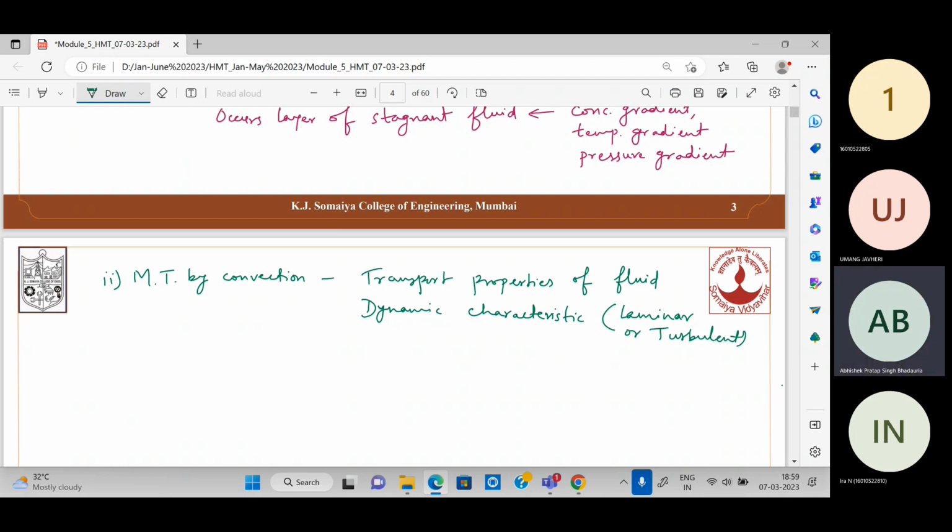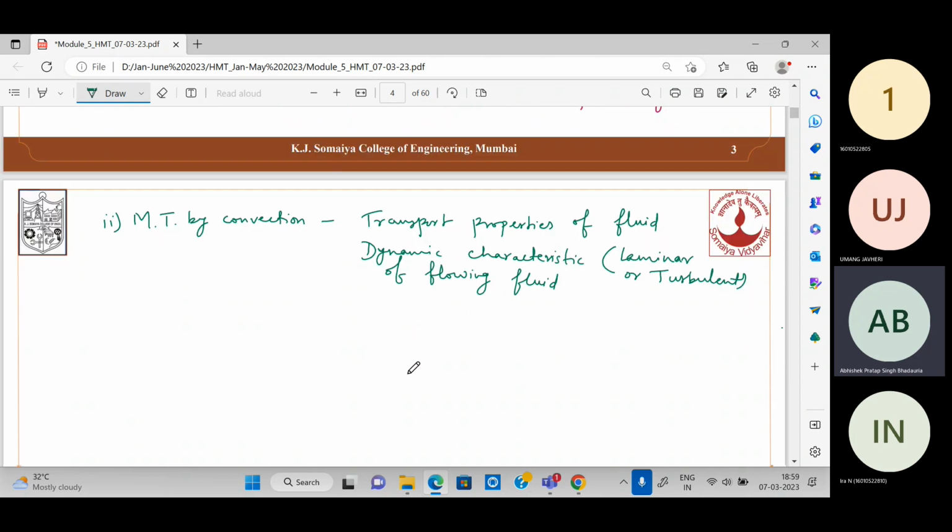So the first one is transport property of fluid, and the second is dynamic characteristic of flowing fluid, that is whether it is laminar or turbulent. The evaporation of water by moving air in a desert cooler is the best example of this convective mass transfer.